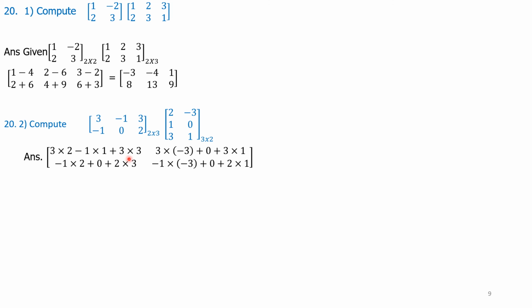And the second element in the first row is first row into second column. 3 into minus 3, minus 1 into 0, and 3 into 1. Therefore, we have multiplied the first row with second column here.